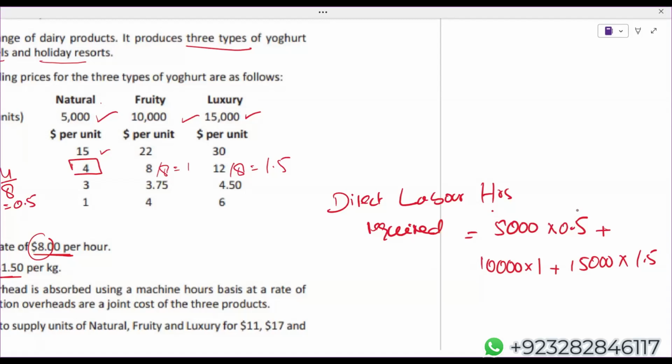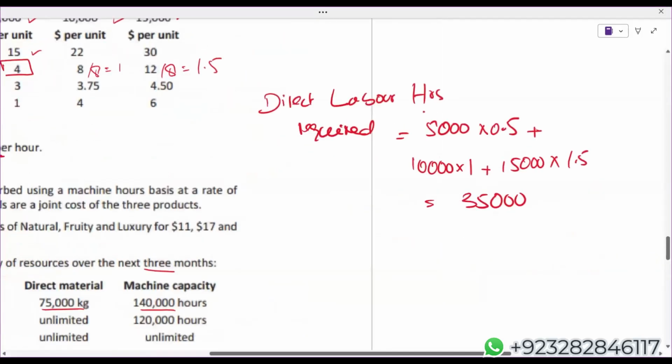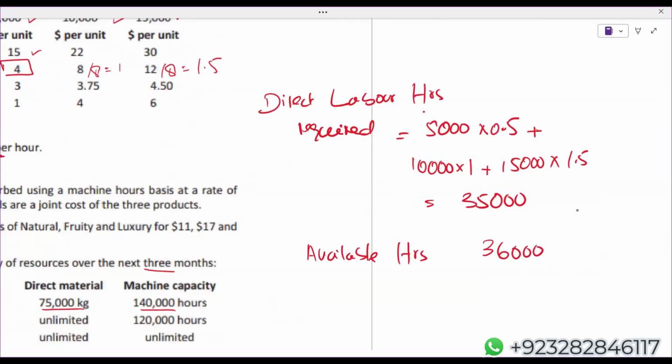Let me use the calculator: 15,000 into 1.5 plus 10,000 into 1 plus 5,000 into 0.5. Students, I'm getting 35,000. To fulfill the maximum demand of natural, fruity, and luxury, we need 35,000 direct labor hours, and we have 36,000 available. Available hours are more than required, so direct labor is not a limiting factor.